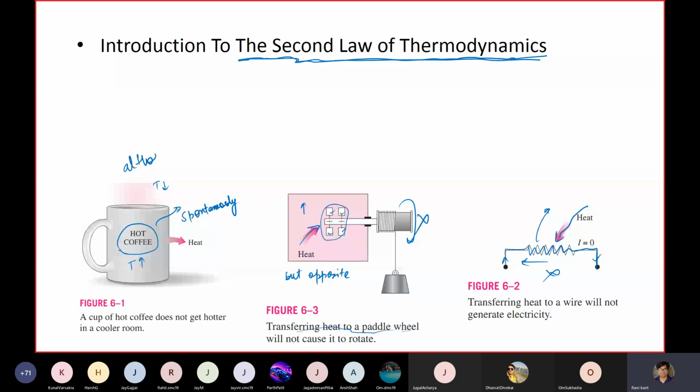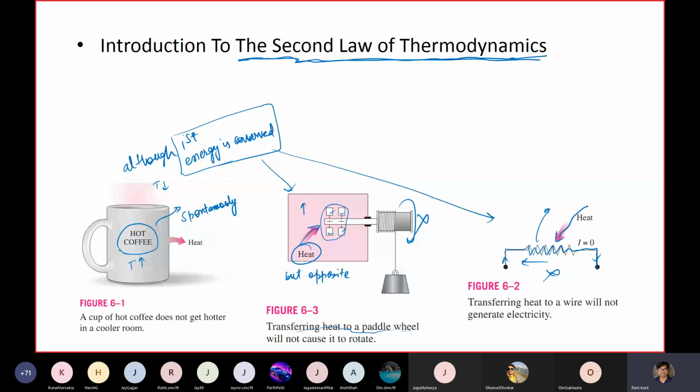Although the first law of thermodynamics tells us that overall energy is conserved, heat is also energy, and if I blindly follow the first law, these two cases don't seem to be violated.